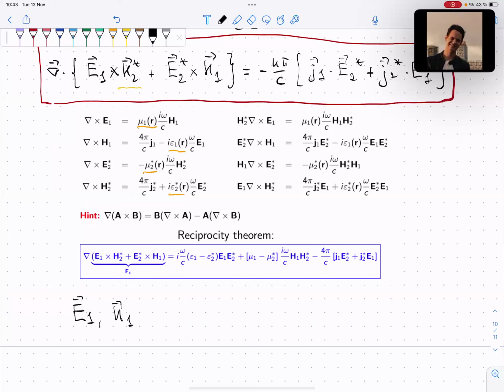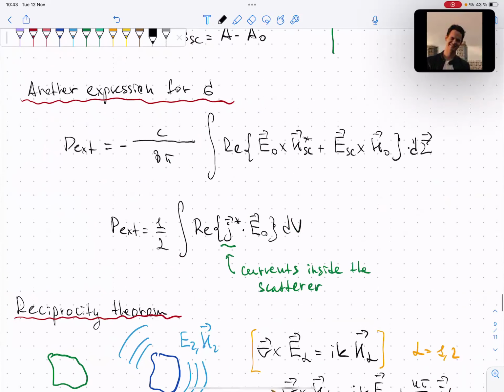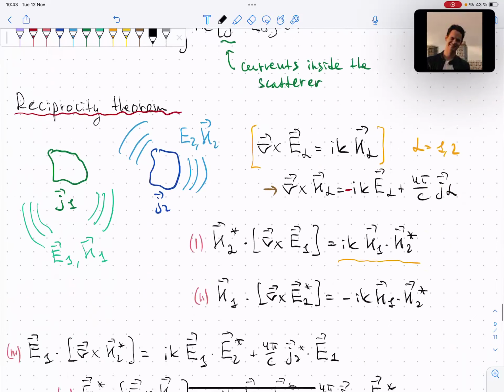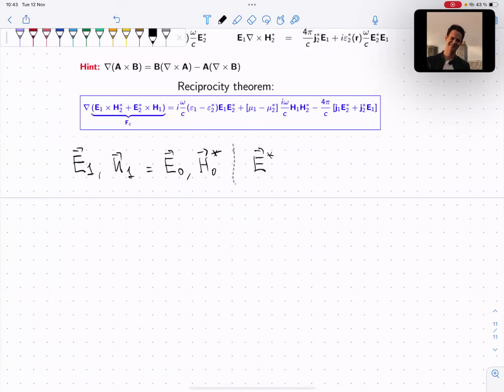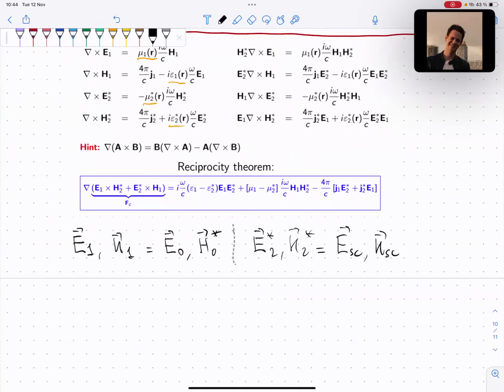E1 and H1 equal to the incident field, so H1 will be equal to H0 conjugated, and E2 and H2 let me take them as just E scattered and H scattered, H scattered conjugated.